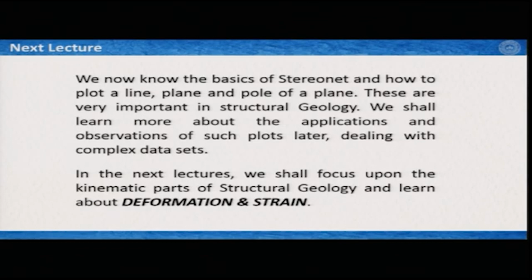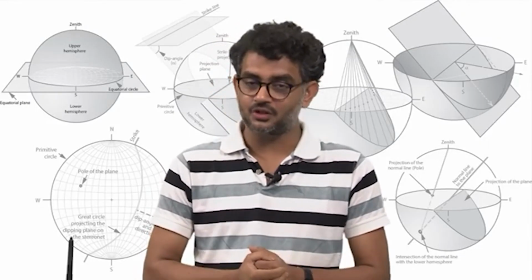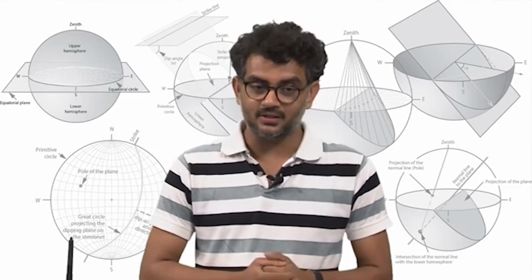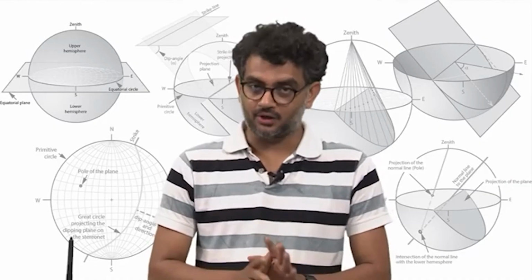These are the very basics, but on the fundamentals of these basics, we structural geologists do very complex analysis and sometimes simple analysis as well. We will learn all this analysis in time when we learn about more complex structures and deal with complex data sets, but for the time being we are done with the stereo net.